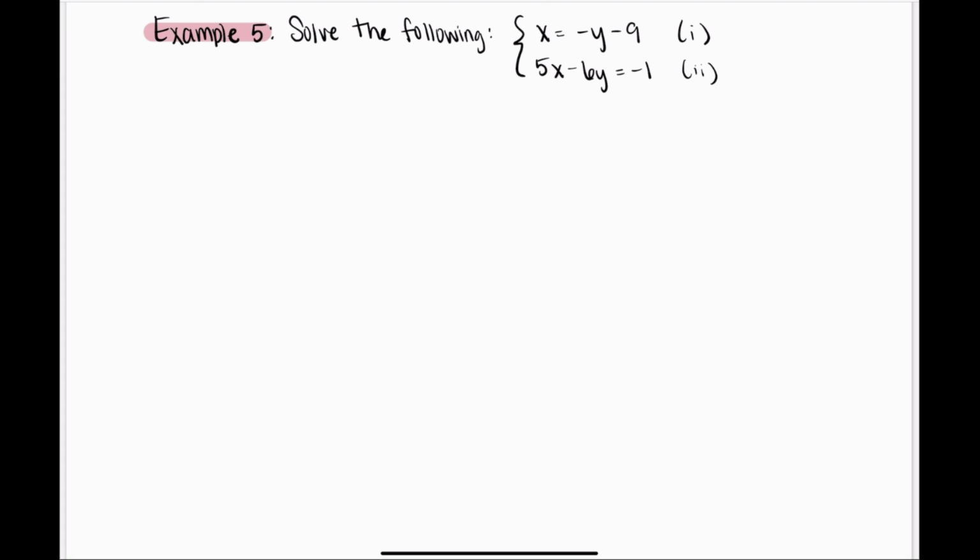We are given the following system of equations. x equals negative y minus 9 and 5x minus 6y equals negative 1. Step 1. Choose a variable to solve for. In this case, x is already solved for in the first equation, so we don't need to rearrange anything. x equals negative y minus 9.